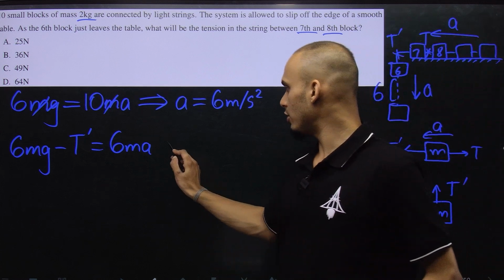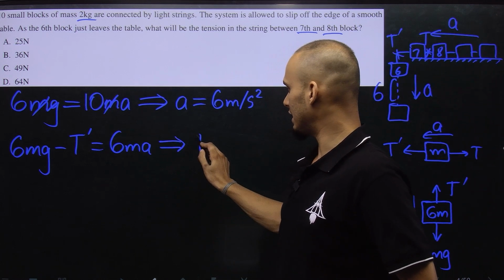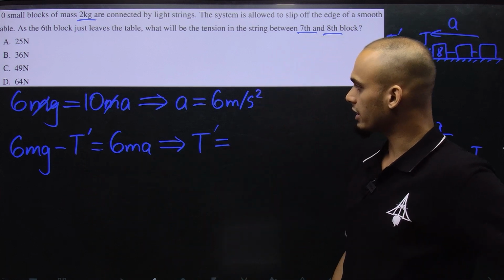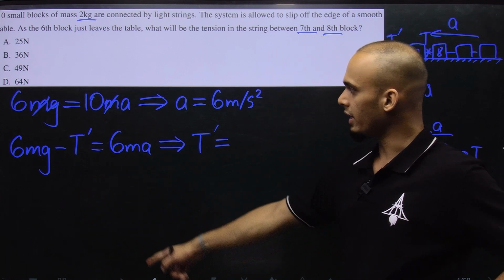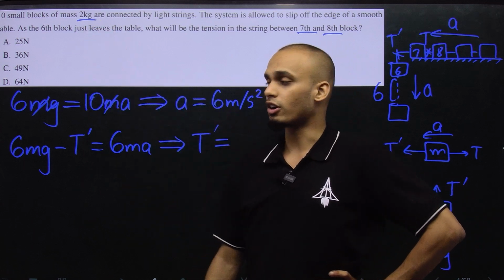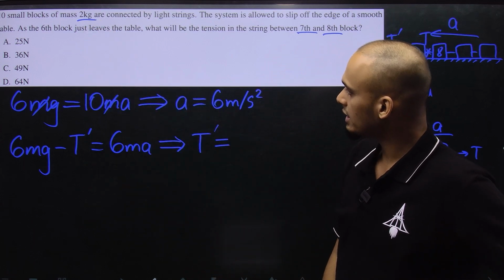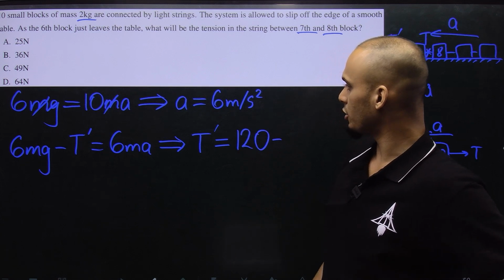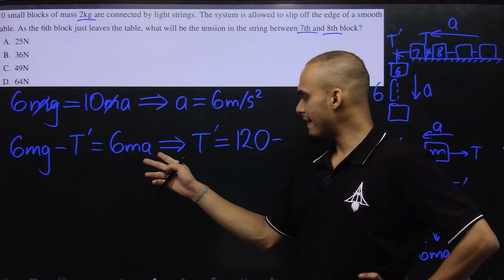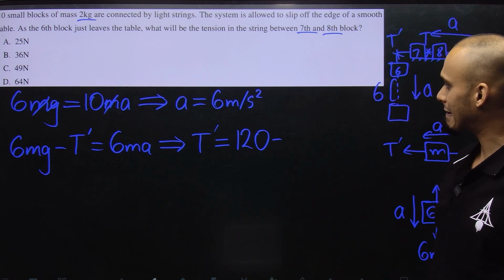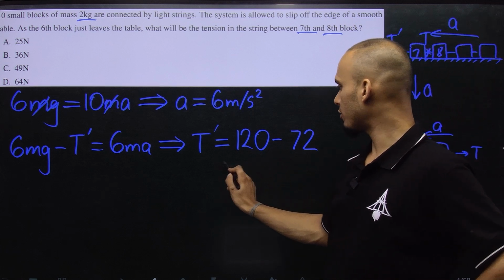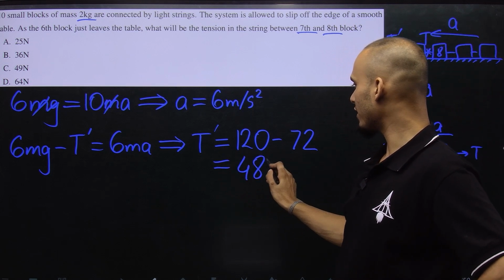We can get the value of T dash from here as T dash is equal to 6 times mg minus 6 times ma. Since the mass of each block is 2, then 6 into mg will be 120, minus 6 into ma will be 72. So we get the value of T dash to be 48 newtons.